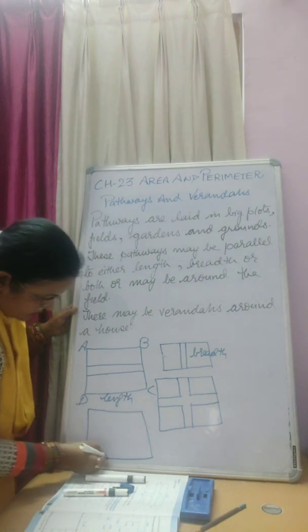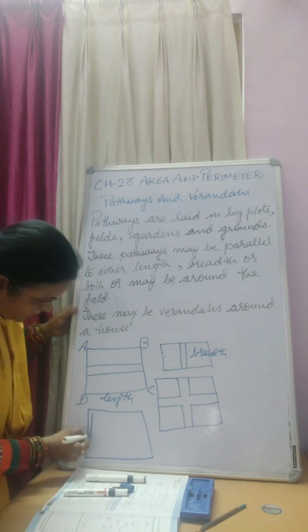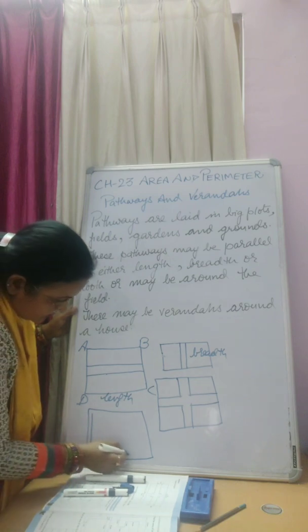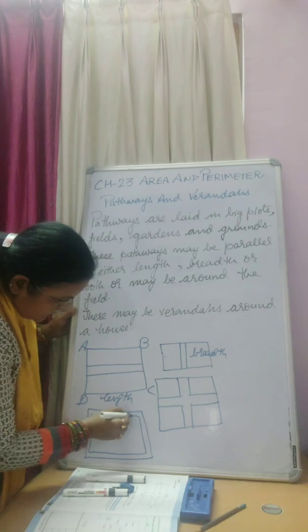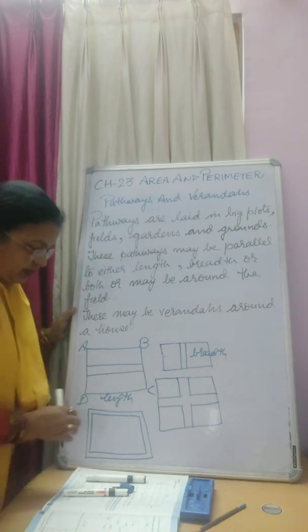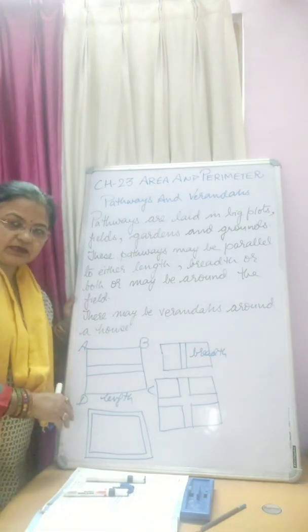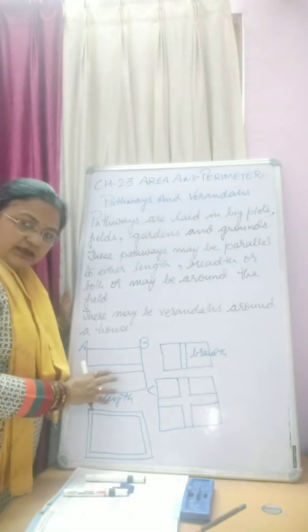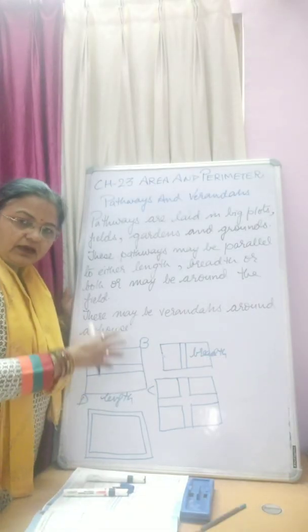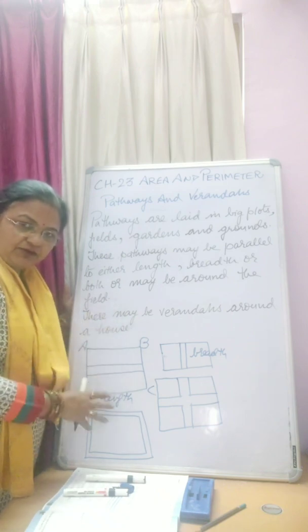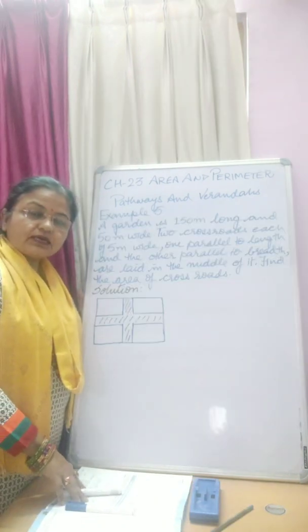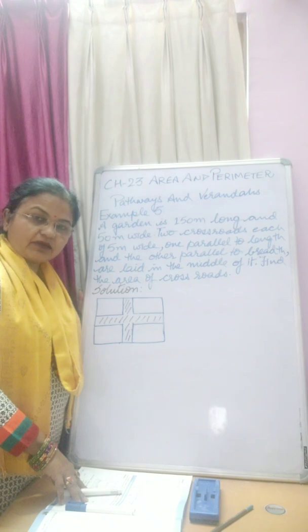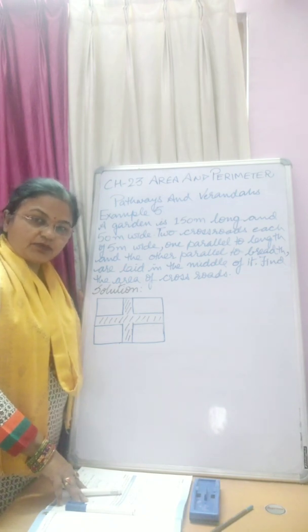Means if this is a rectangular field, all around means like this. So likewise, the different pathways are laid and we have to find out the area of these pathways in the particular field. To understand pathways and verandahs in a better way, let us do some examples.